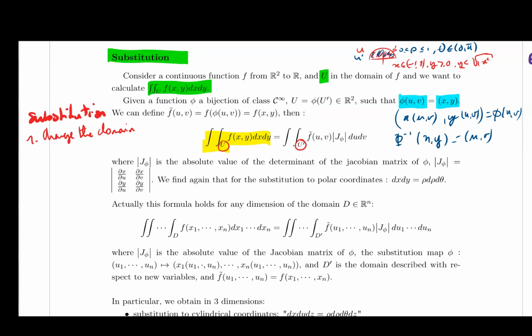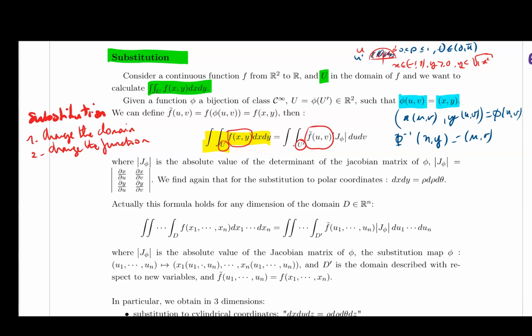So that's why the first thing that you have to consider when doing a substitution is to see what's happening for the bounds. How do they change? How does my description fit with my new coordinates? That's one thing. The second thing you have to do when performing a substitution is change the function. Your function was expressed as f of (x, y), and now it's going to be expressed in terms of new coordinates u, v.